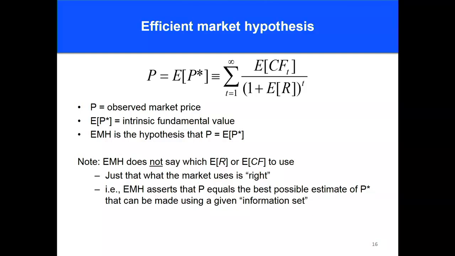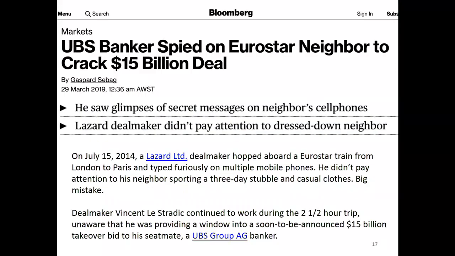Now, what makes this credible is that markets are highly competitive. So there are mechanisms by which information gets into prices. So, for instance, Daniel Carl, who some of you might have as a tutor, pointed this out to me. He says, to give you a sense of how competitive markets are, a UBS banker spied on the Eurostar neighbour to crack a $15 billion deal.